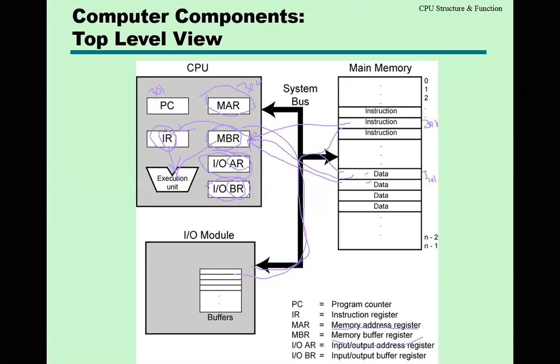And from the MBR, according to the respective address, the result is again stored into the main memory. So in this way, your instruction will be executed in the computer. It is very simple how the computer executes the instruction.